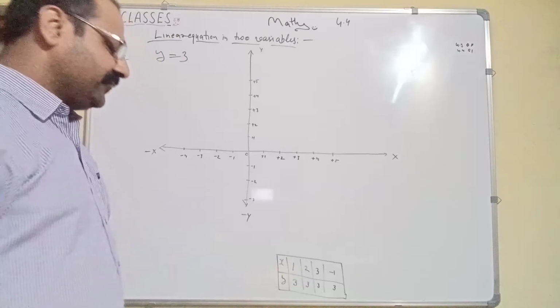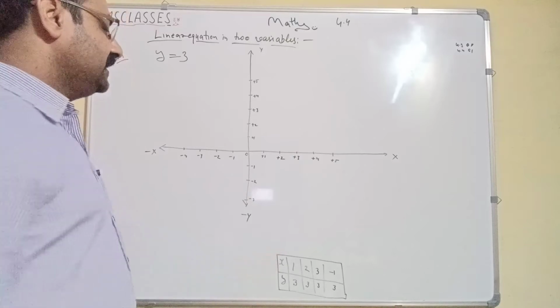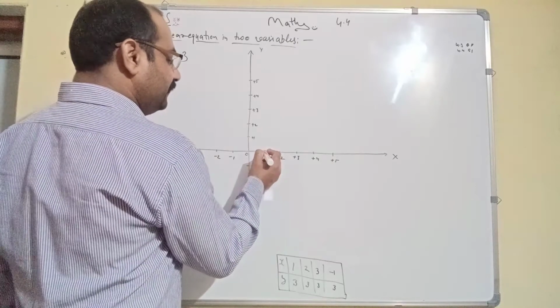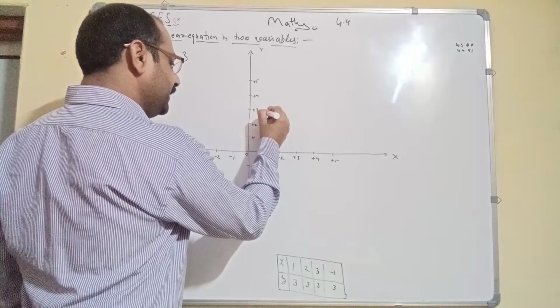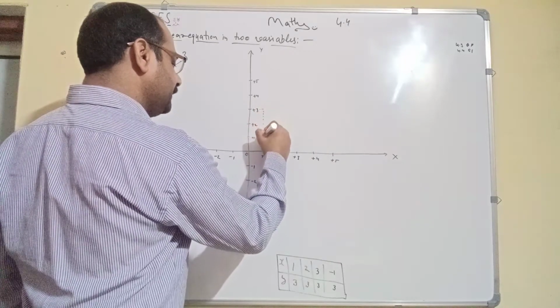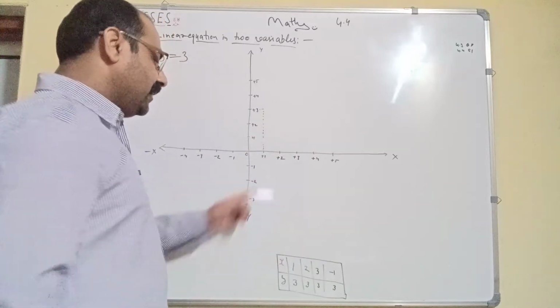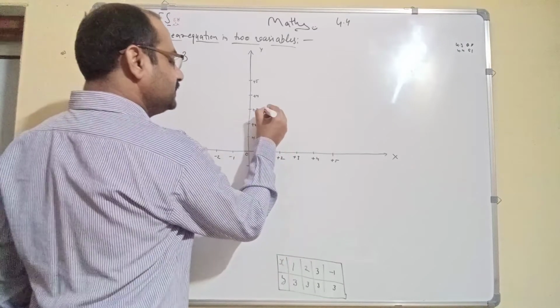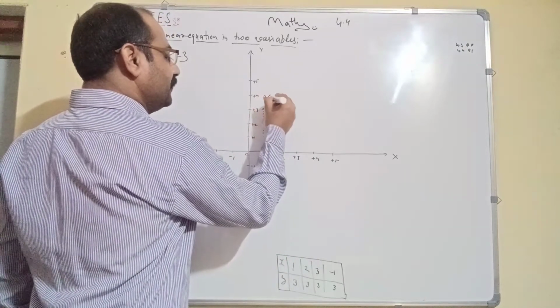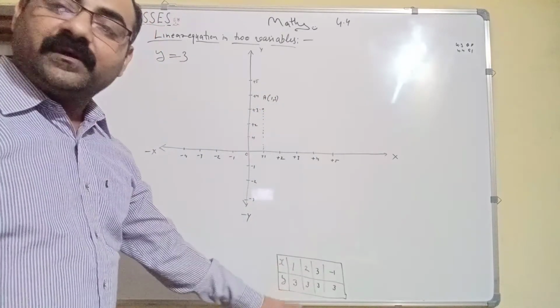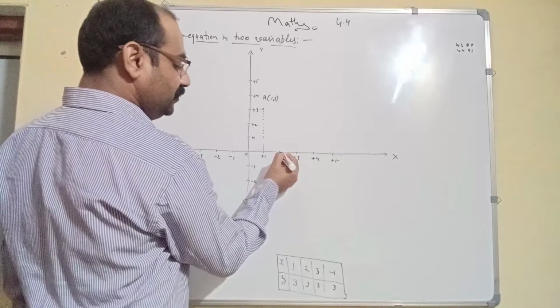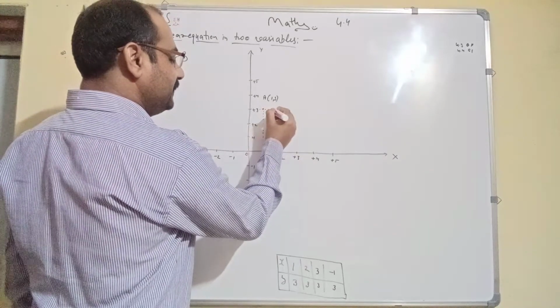Coordinate of A is 1 comma 3. So value of x is 1, value of y is 3. So guys, this is the point where both perpendiculars meet at 1 and 3. So this is A, 1 comma 3. The second coordinate is 2 comma 3. So value of x is 2 and value of y is the same, this is 3.